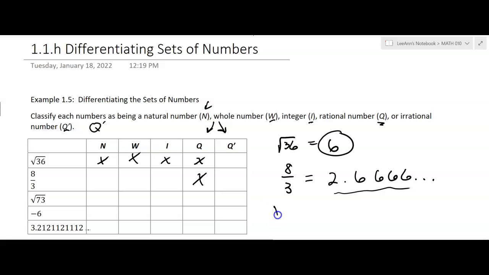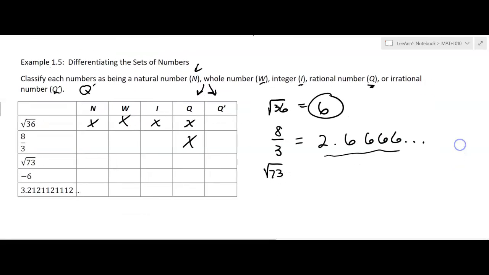All right, the next one is square root of 73. Well, take a scientific calculator, type in the square root of 73. There's no number that, if you square it, is going to be 73. So this is going to be a decimal that goes on and on. I found my calculator with a square root.